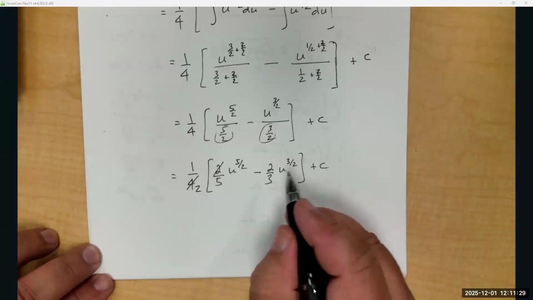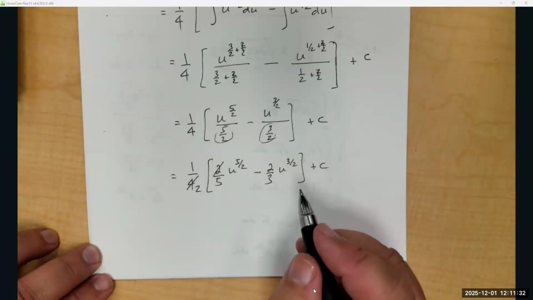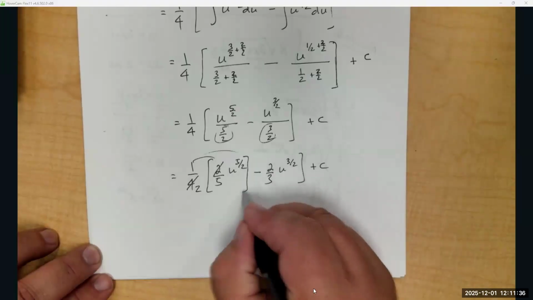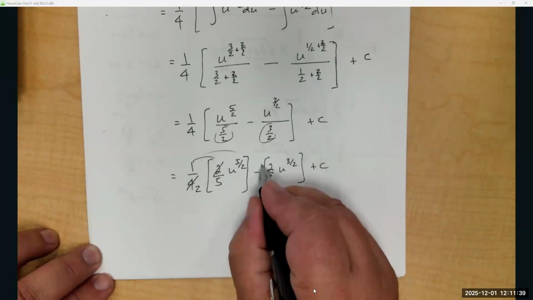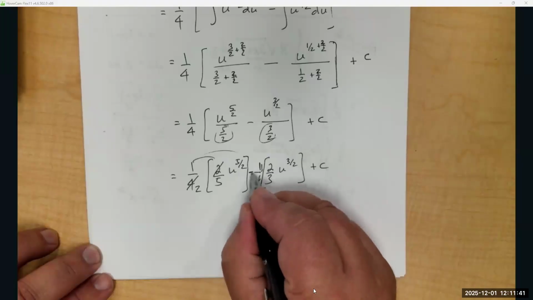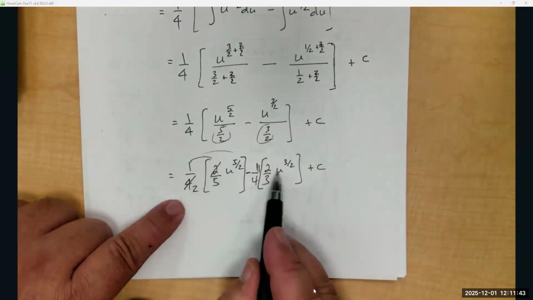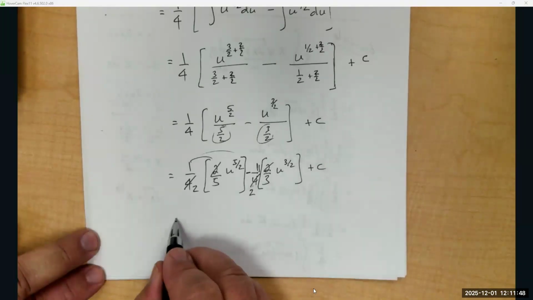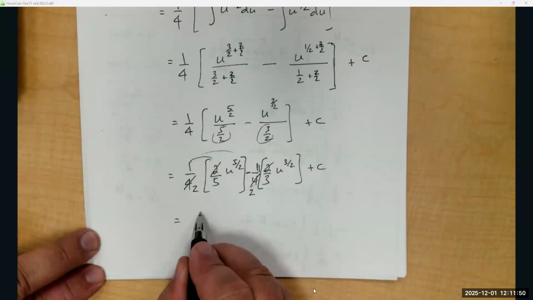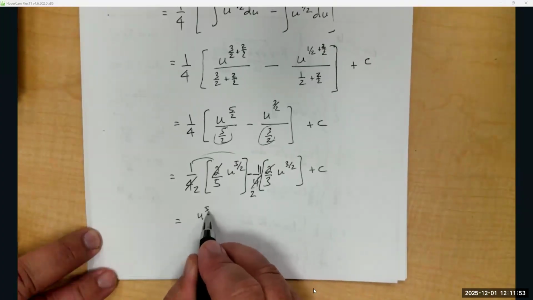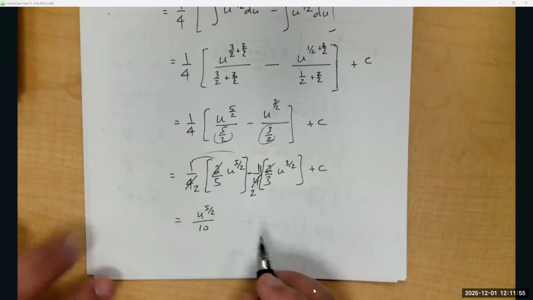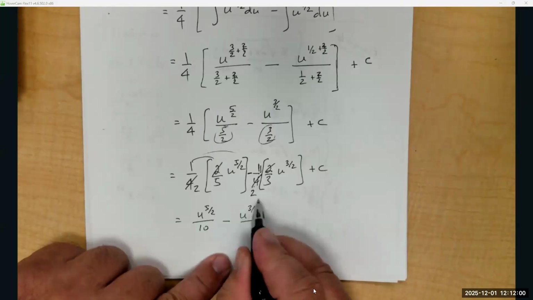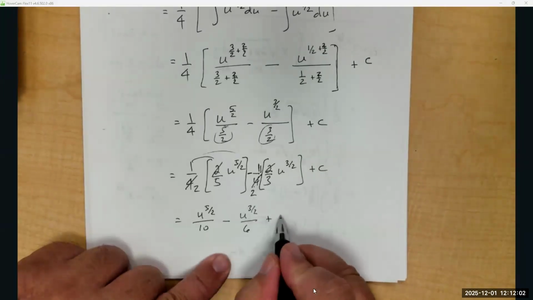The 4 and the 2 cancel. Oops, I have to distribute first. So this 1/4, I distribute to both parts. And this 2 and that 4 cancel. So I have u to the power 5/2 over 10 minus u to the 3/2, 2 times 3 is over 6.